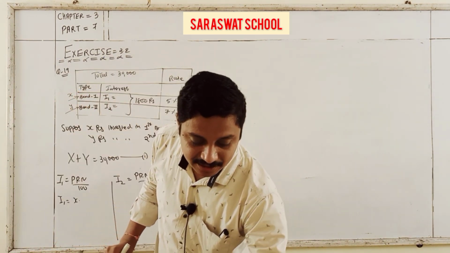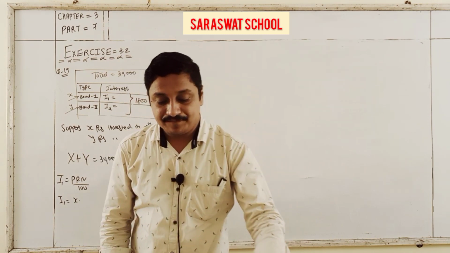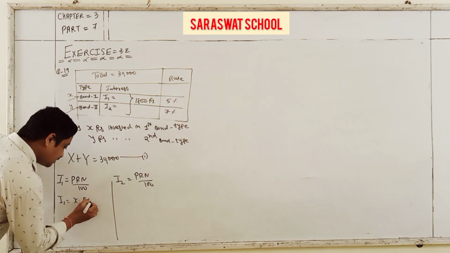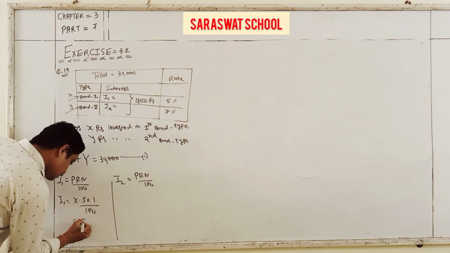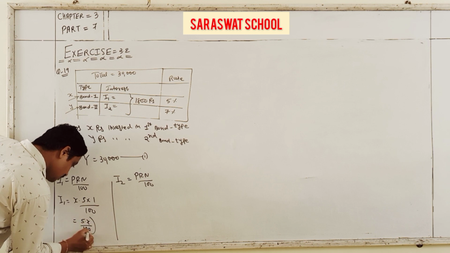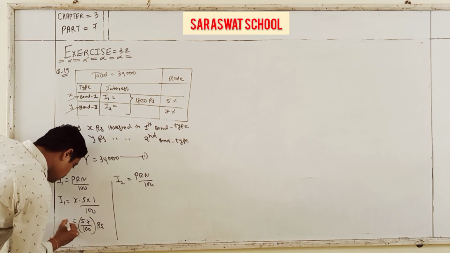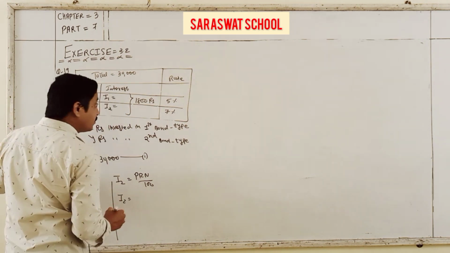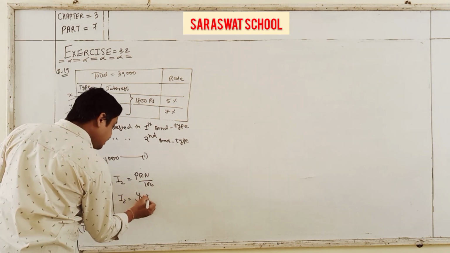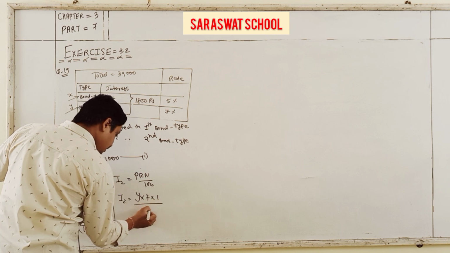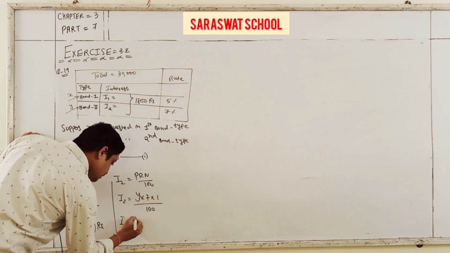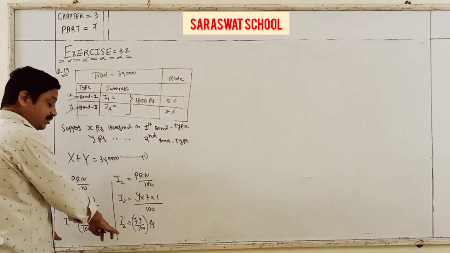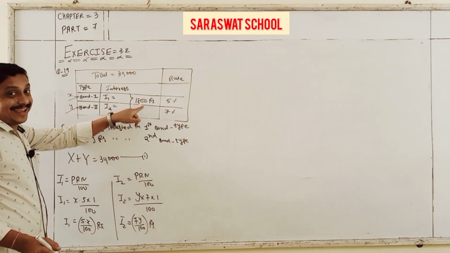Let me check the question one more time: 5% and 7%. So the invested amount is X at 5 percent, so I1 is 5x by 100 rupees. Similarly for I2, the principal invested is Y and the rate is 7, so I2 becomes 7y by 100 rupees, and both interests I1 and I2 total 1800.